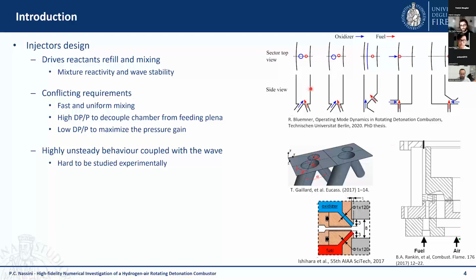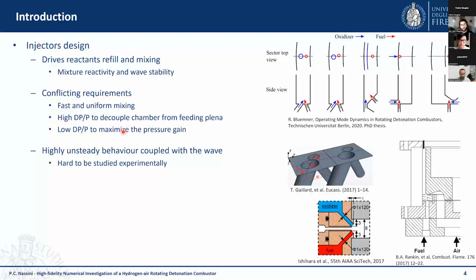Here on the right, I reported just some examples of the huge variety of different injector configurations, which are very different, as you see, because they have to attain conflicting requirements. Basically, they have to give a fast and very uniform mixing of the reactants inside the combustion chamber, but at the same time, they have to decouple the pressure of the combustion chamber from the pressure inside the feeding plenum, and so they should have a very high delta P over P, so a very high pressure loss across the injector.